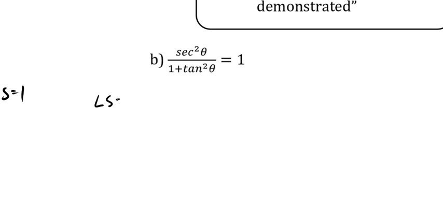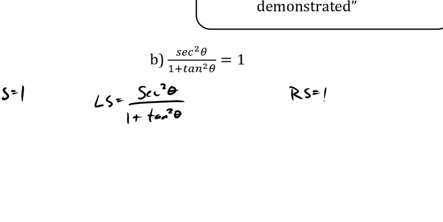So left side equals secant squared theta over 1 plus tan squared theta, and right side equals 1. There's a really easy way to solve this one. 1 plus tan squared is secant squared. That's one of our identities, and then it's just solved.